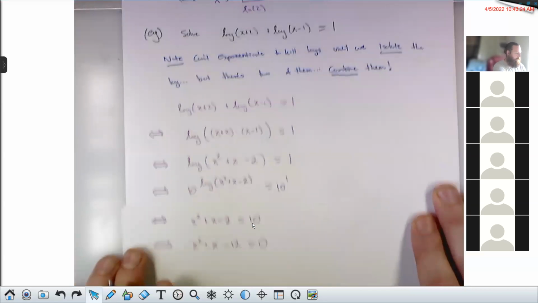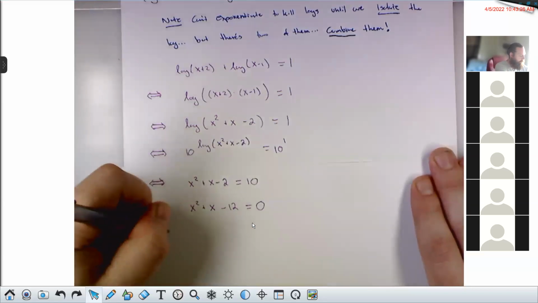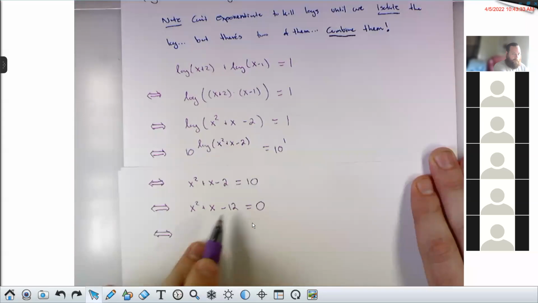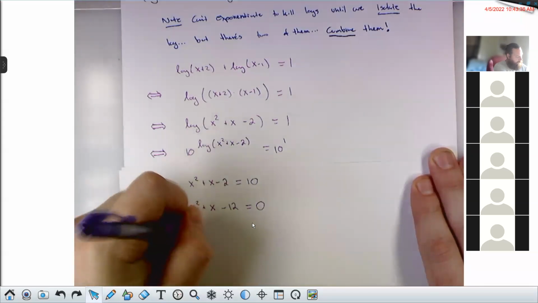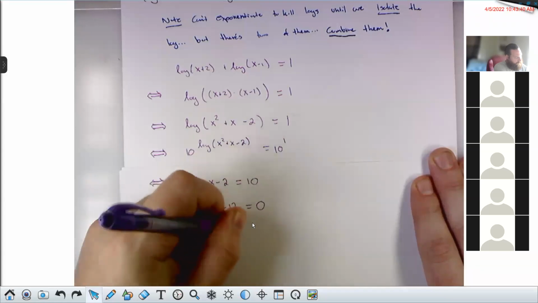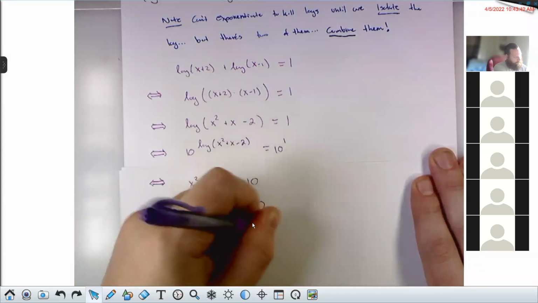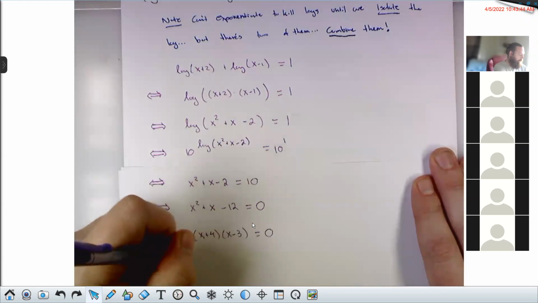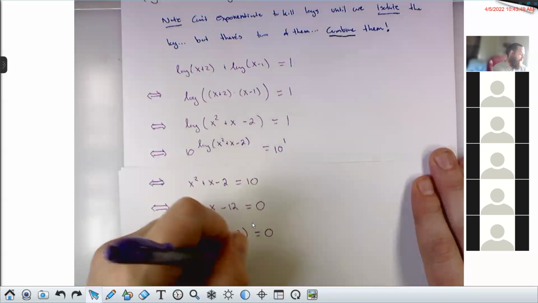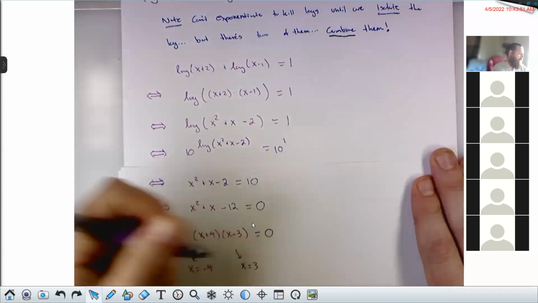Now I can factor and solve. I need two numbers that multiply to -12 and add up to +1. Those are 4 and -3. So the two solutions I get out here are x equals -4 and x equals +3.